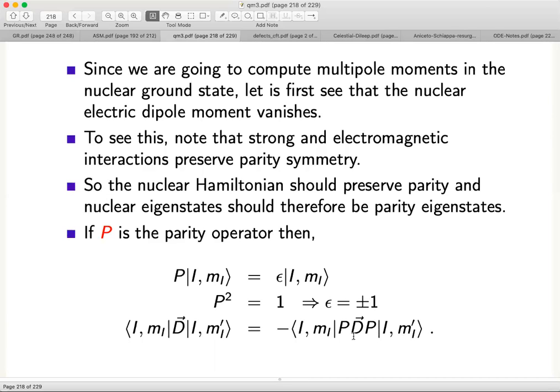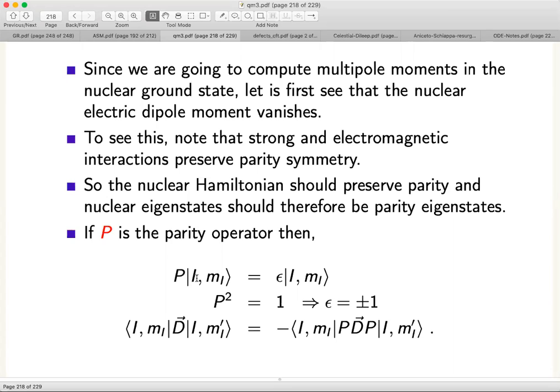Okay, and now you remember that the parity in the angular momentum problem is related to the value of the angular momentum itself, right? Remember that in the spherical harmonics, Y_lm under parity transformation went to (-1)^l times Y_lm.